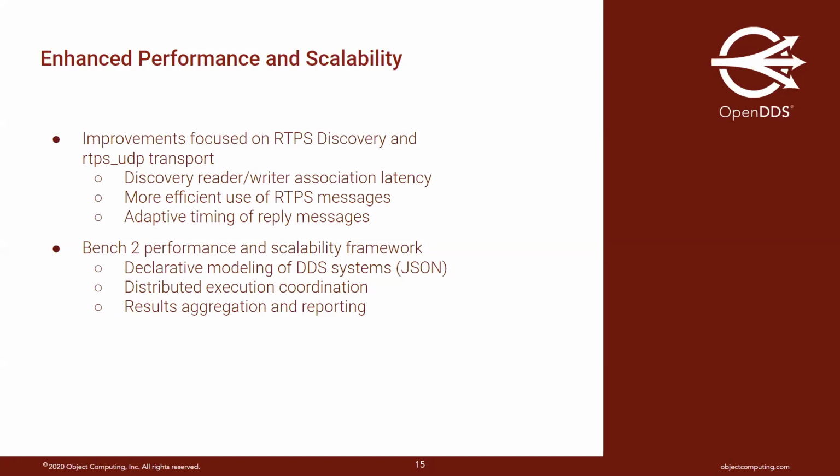All of these things model a complete DDS system. The Bench 2 framework lets us model the system and describe it all in JSON files, and then run that as a test and get results back from it.